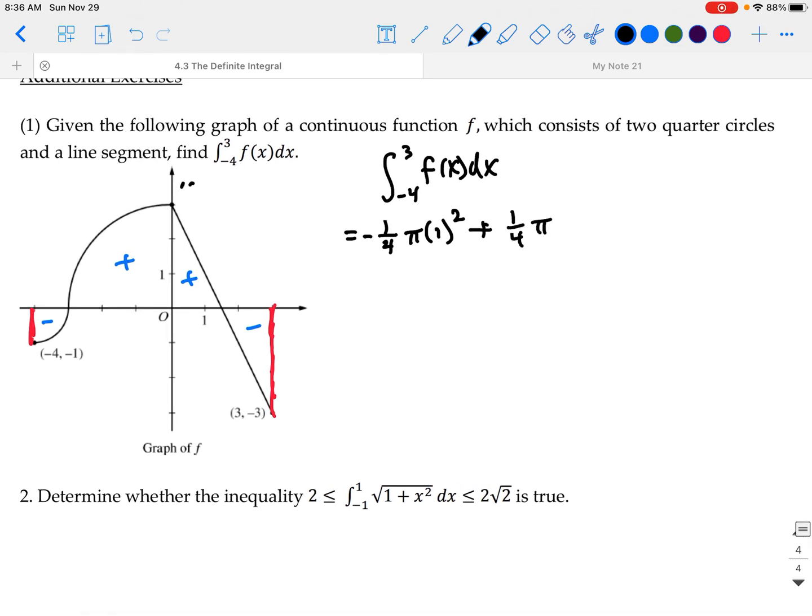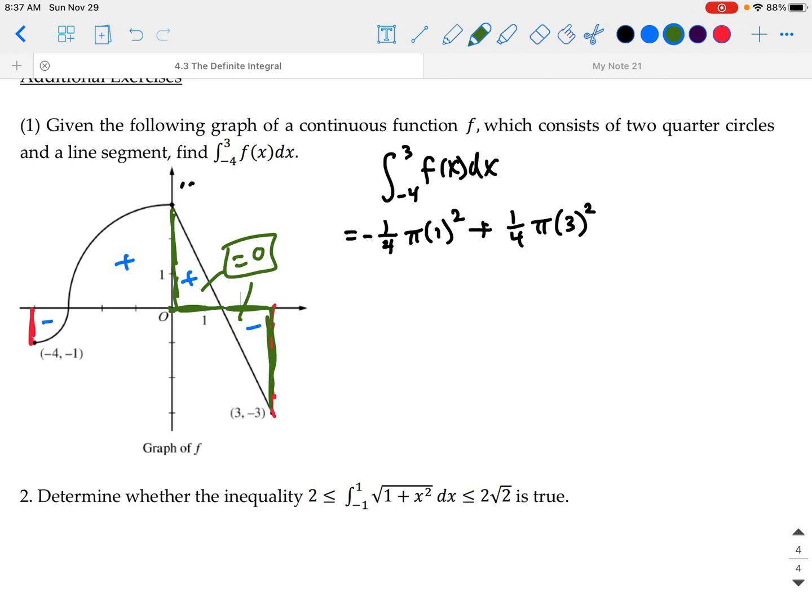So we'll have 1/4 pi times 3 squared. And then for the two triangles, we could do the area of the triangle, so 1/2 base times height. But if you notice, these are the same triangles in terms of height and base, which means that because one is above and below, when we combine these, they're going to cancel each other out. It's going to equal 0.